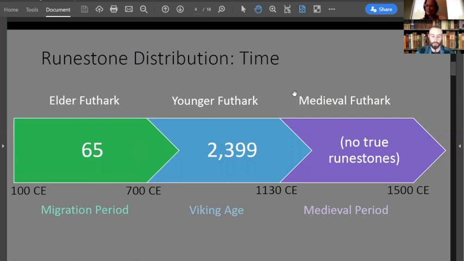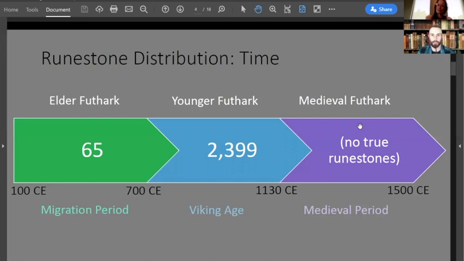Occasionally, we do find runic grave slabs in the medieval Futhark, and these were kind of different from the freestanding type of runestone. They use different vocabulary and different types of ornamentation. So it's really kind of a different sort of thing.